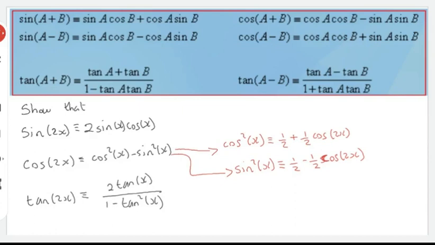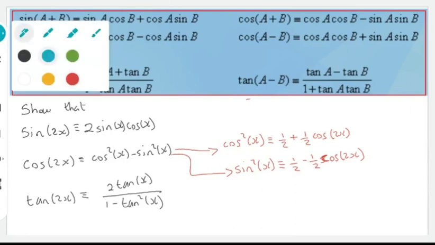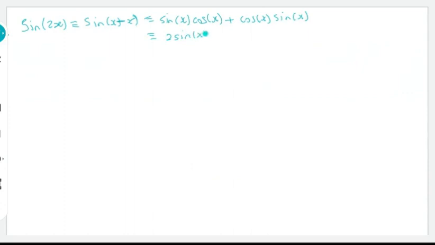Okay, so I heard discussions. For sine 2x, by rewriting it as sine of x plus x, you get sine x cos x plus cos x sine x as per the identity, and that simplifies to 2 sine x cos x.